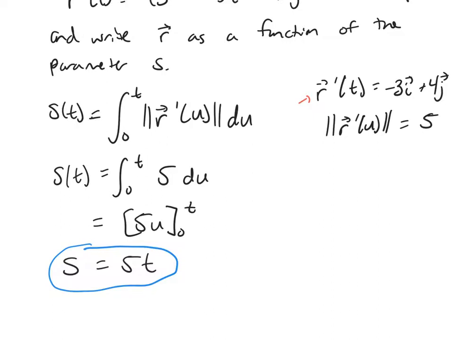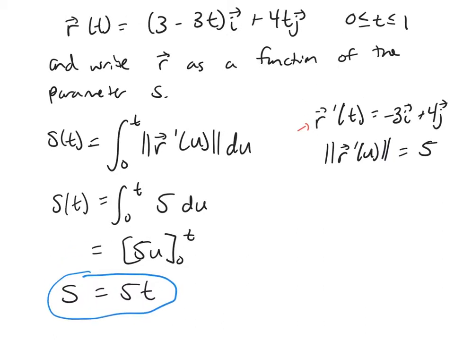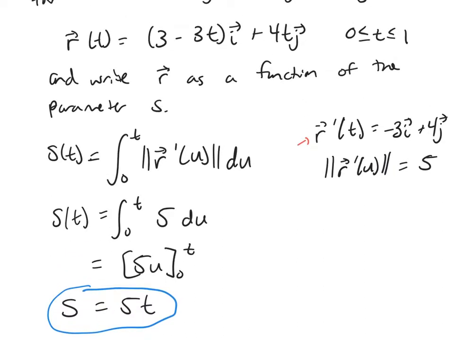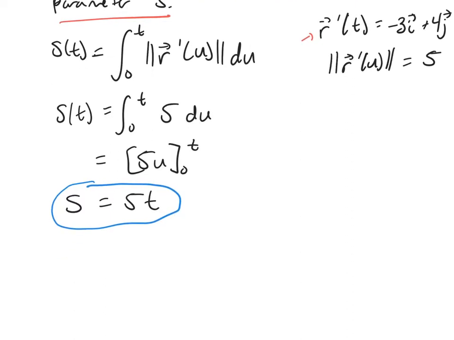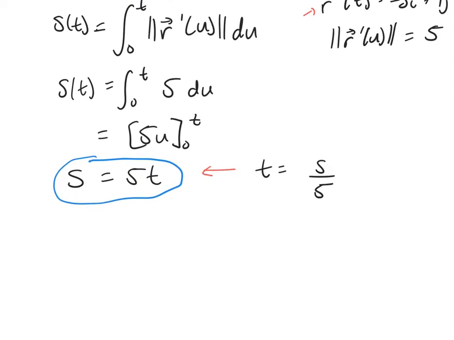So that was the first part I was asked for. Now the second part, I need to write r as a function of s. So r is currently a function of t. So what I need to do is take this equation right here and solve for t. t will be s over 5. And now I'm going to plug this into my r equation.